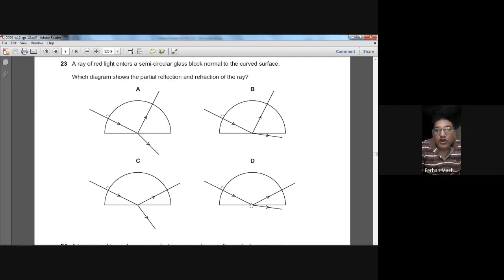When you draw a normal here, you will observe for reflection in figure D, the angle of incidence and the angle of reflection are equal to each other. So it's good.